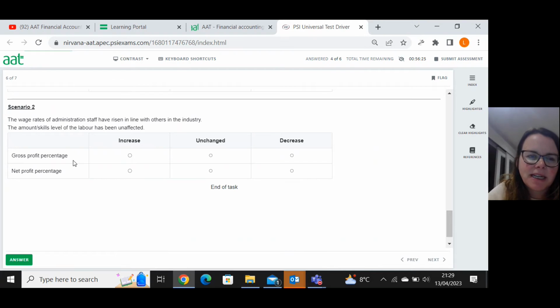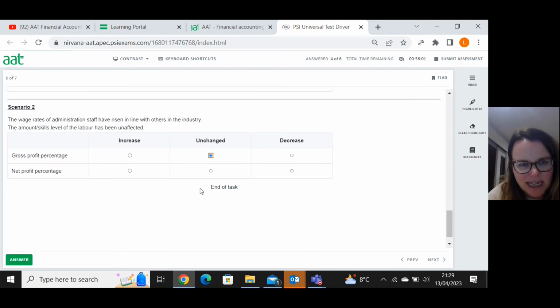So gross profit percentage has got nothing to do with admin staff because gross profit is my sales minus my cost of sales. My admin staff salaries come below that line to work out my net profit. So I don't think there's going to be any impact on the gross profit percentage.